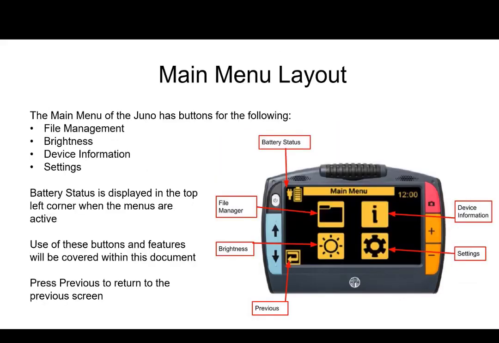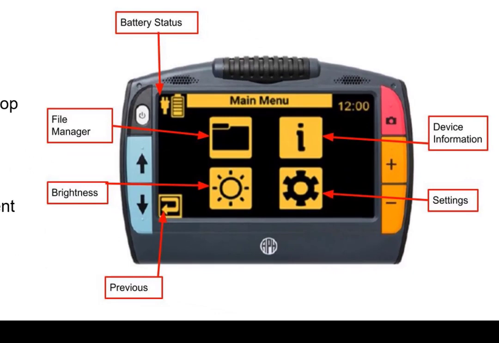This is the way the main menu is laid out. And the first thing we're going to talk about are the things along the top of the main menu area and not necessarily the buttons. On the upper left is the battery status, and there will be a symbol indicating whether it's charged or charging and the status of the battery. In the middle is the name of the menu that you are in.